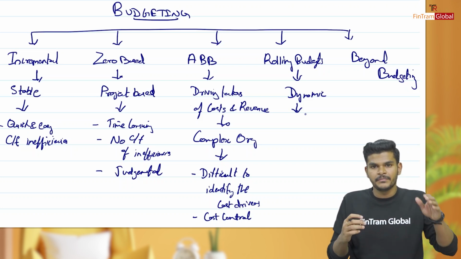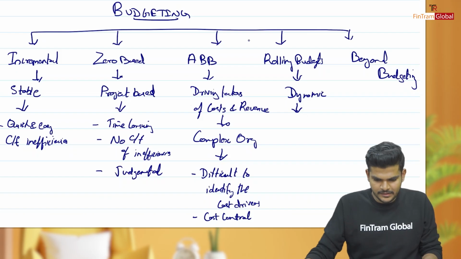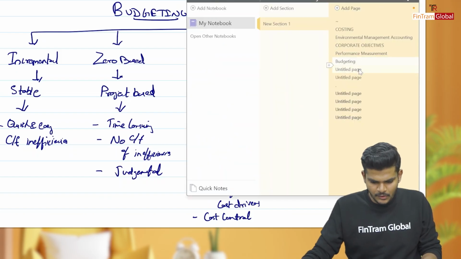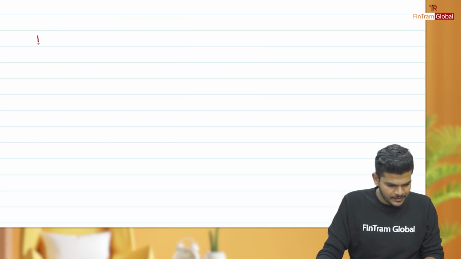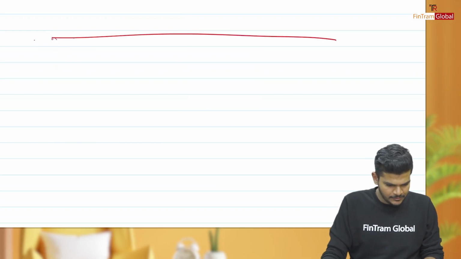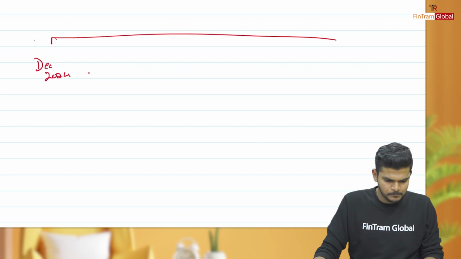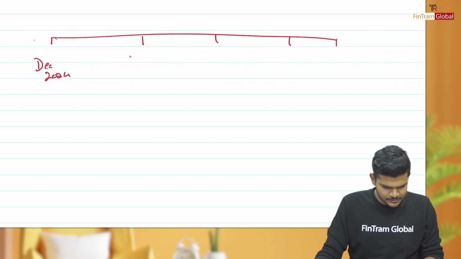Okay, folks. I'll just note it down for you as well, so that it'll be easier to figure things out, right? So I'm standing in December 2024. Okay, I'll just draw a timeline. There we go. 2024, and I'll have multiple quarters, right? What are my quarters? My quarter one would be March 2025.